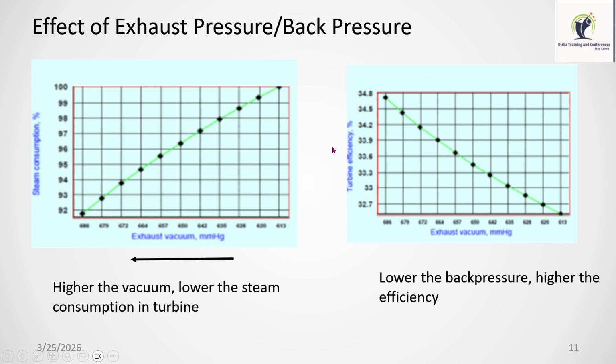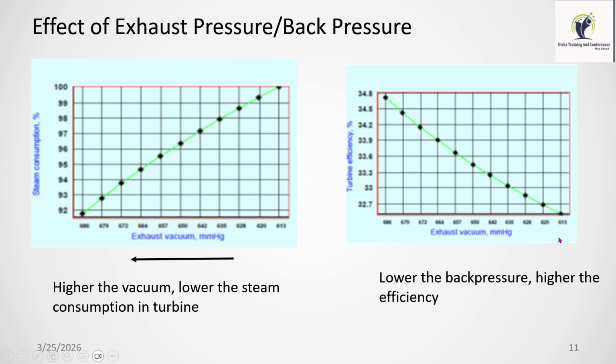Now exhaust pressure. Earlier the exhaust pressure was 0.13, now you bring down the exhaust pressure to 0.04. When the exhaust pressure was 0.13, steam consumption was 100%, and when you bring down the exhaust pressure to 0.04, steam consumption has come down to 92%. That means around 8% steam consumption has come down when you decrease the pressure.